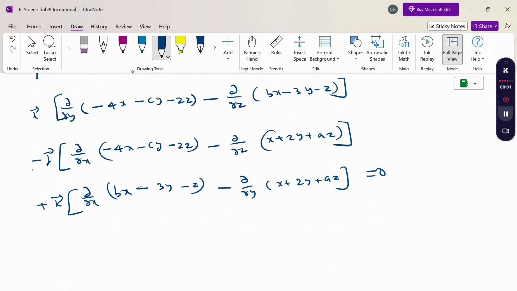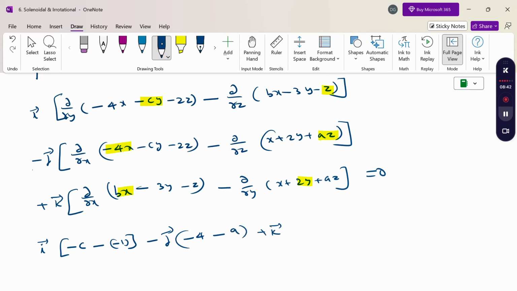Now when I differentiate partially, for the i vector: dou by dou y of minus c, other terms 0, minus dou by dou z of minus 1. Then minus j vector: this term gives minus 4, and then a.